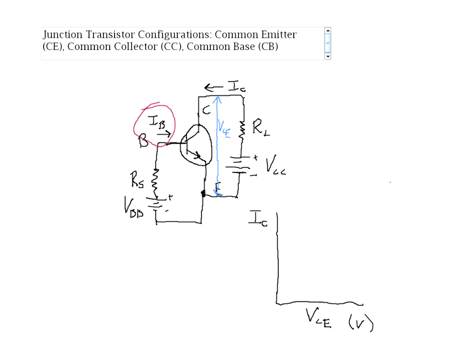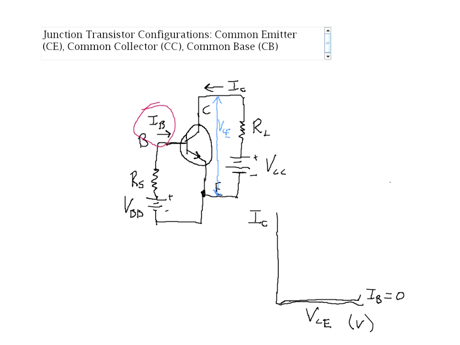So if there's no base current, then we get a line down here that is basically 0. If IB is equal to 0, then I get essentially no collector current. It's going to be pretty close to 0.